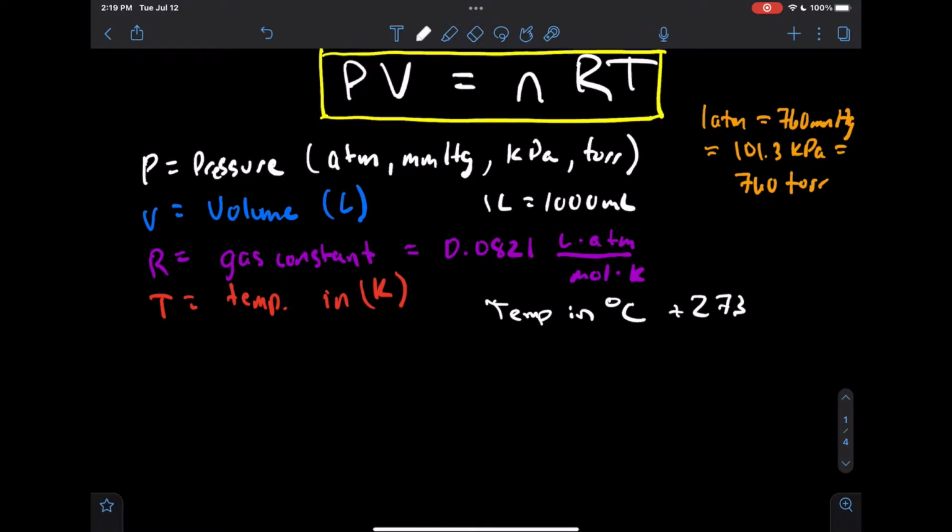By adding 273 to degrees Celsius, that'll give us our temperature in Kelvin. And finally, the n in the equation is equal to the amount of substance, and that's typically expressed in moles.